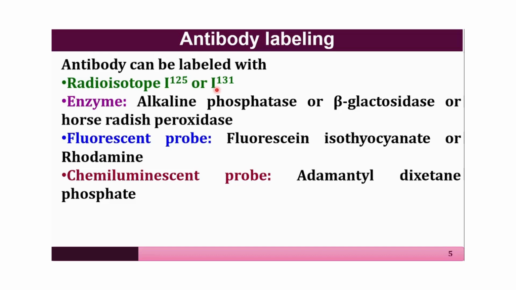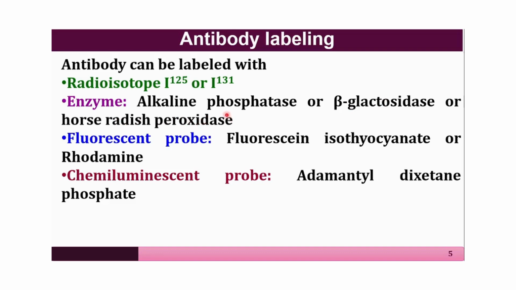So radioisotopes I-125 and I-131 are predominantly used for developing radioimmunoassay kits, where the antibody is labeled with the radioisotope.